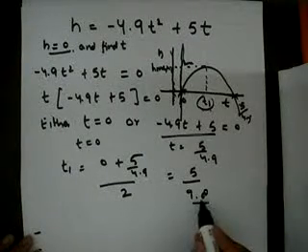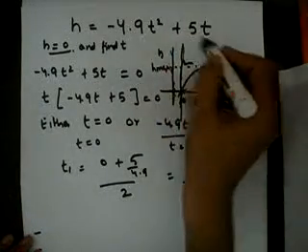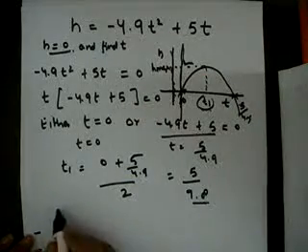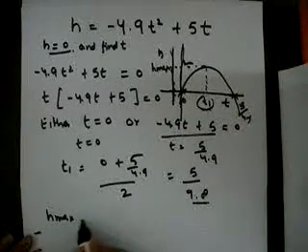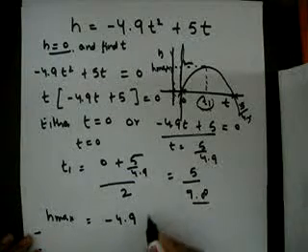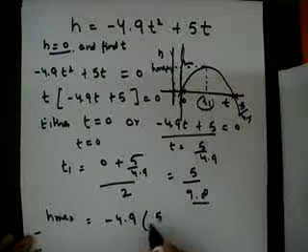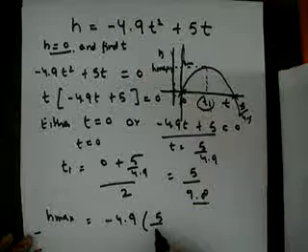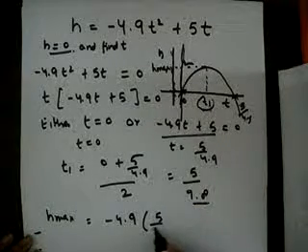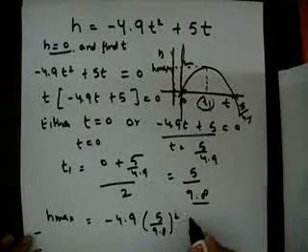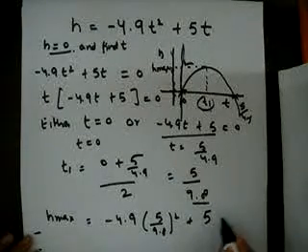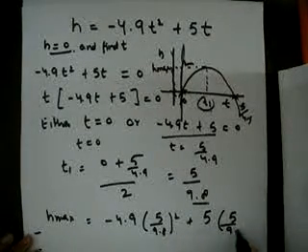For that, just put that t in this. So h max equal to minus 4.9 times 5 by 9.8 whole square plus 5 into 5 by 9.8.